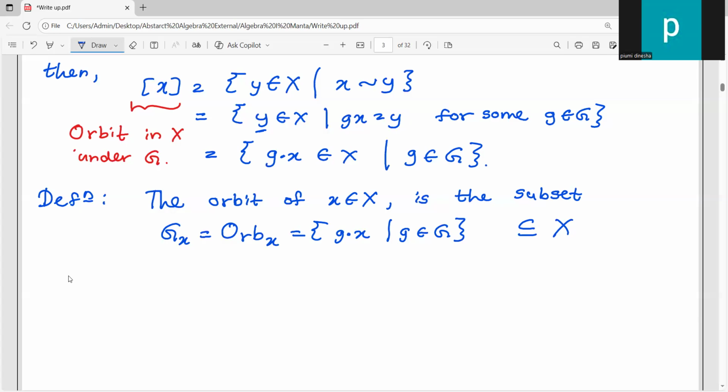So let me write over here, X will simply be the union of all these orbits, X_i. Now, if G is a finite group, then we have a finite number of elements in G, right? In that case, we have a finite number of orbits.